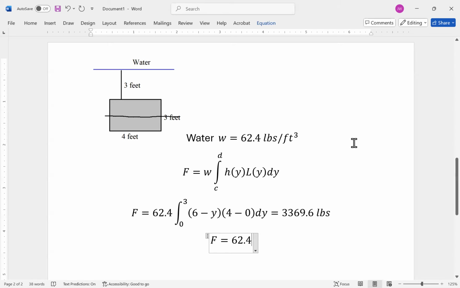So that's a depth of 4.5. And then the area of this object would be 3 by 4. It's a 3 by 4 rectangle. It turns out that if you do that calculation, you get exactly 3,369.6 pounds as well.